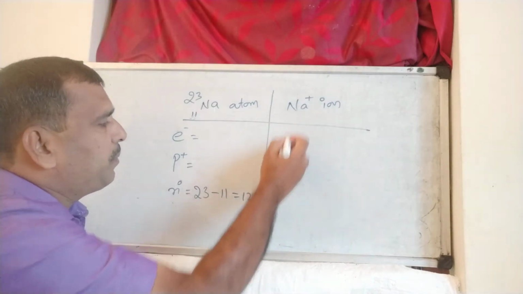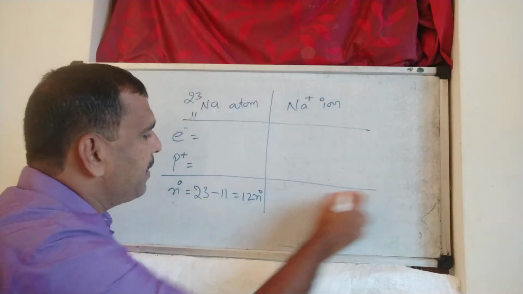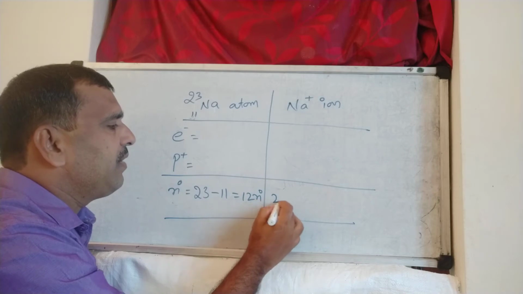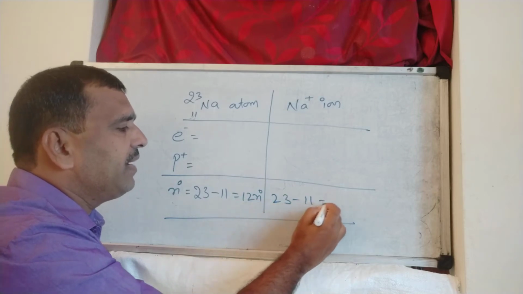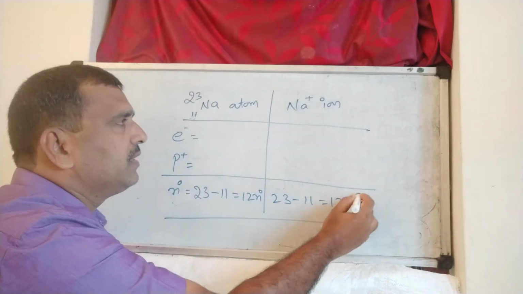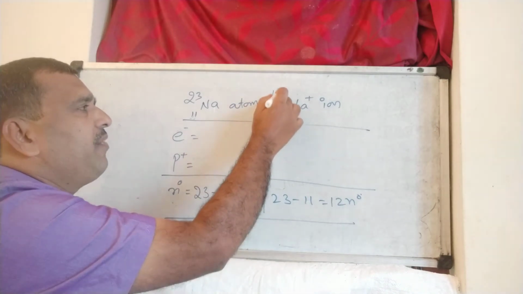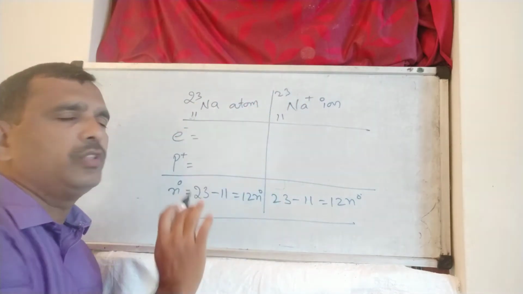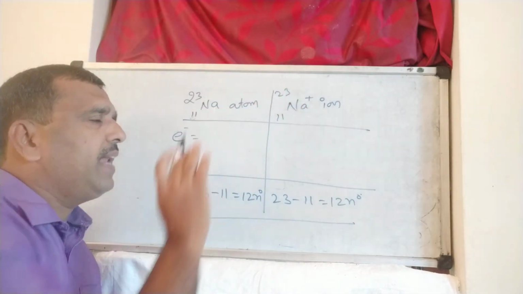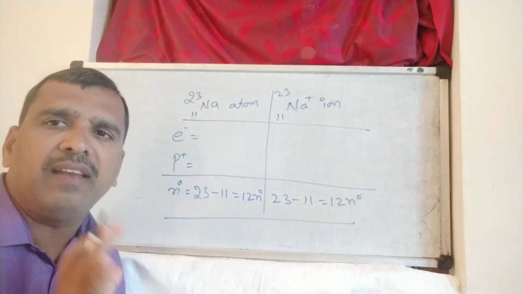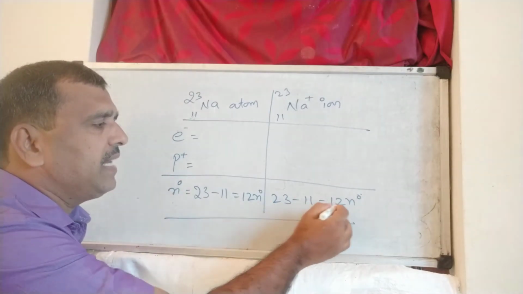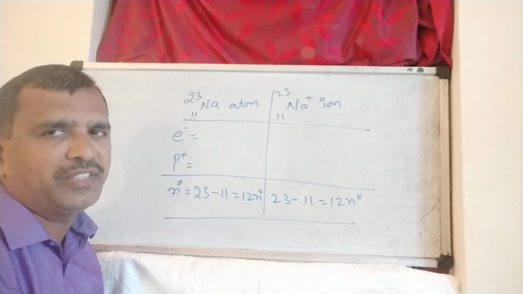Same for Na plus: 23 minus 11, you will get 12 neutrons. Whether it is the atom or ion, the mass number and atomic number are always constant.